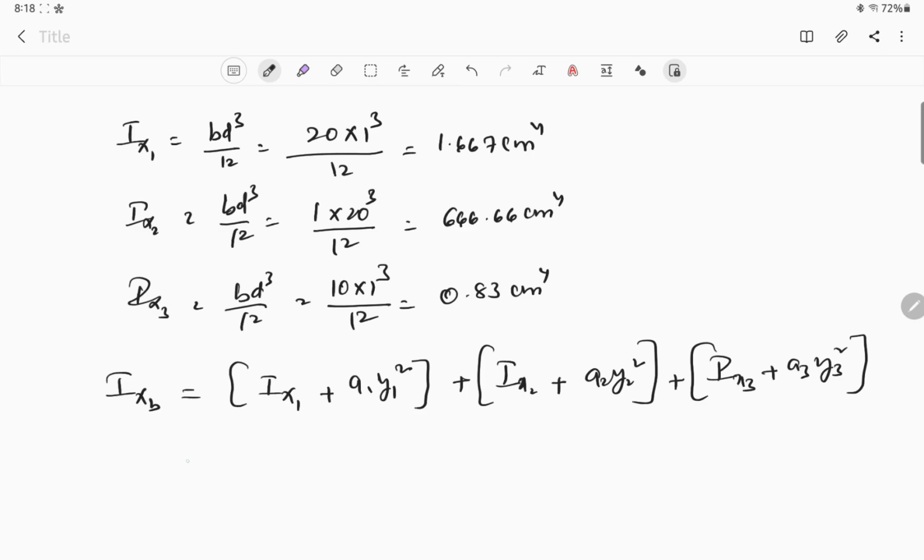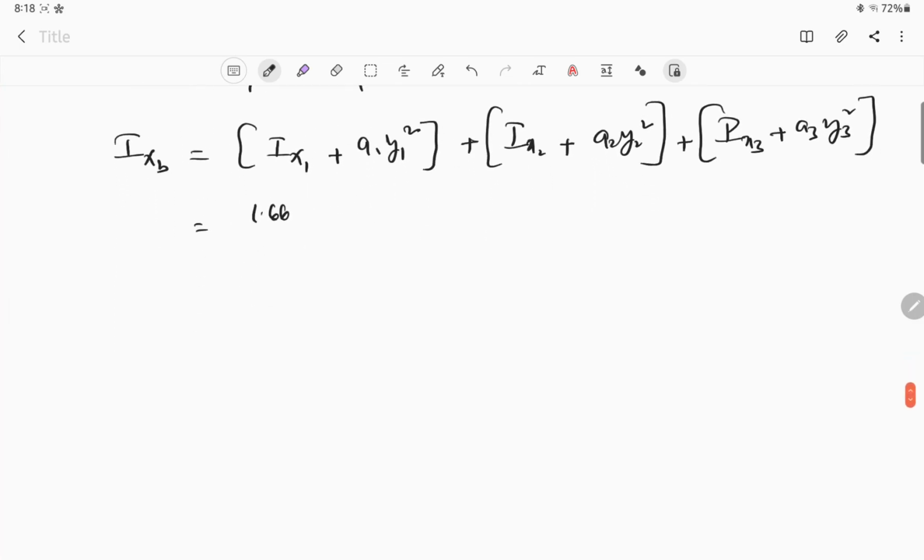So what are the values we got for Ix1? We got the value of Ix1 as 1.66, Ix1 plus A1, we have 20 into Y1 as 0.5 whole square. This is the first compartment we have completed.